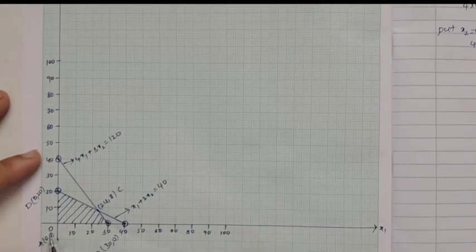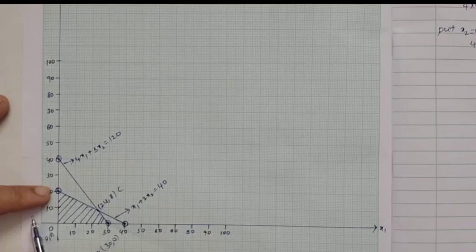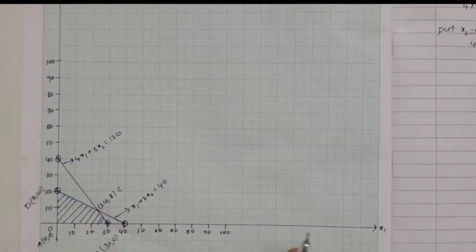On the graph, we found the points A, B, C and D which form the feasible region. To find the optimal solution, we substitute the values of x1 and x2 into the objective function.